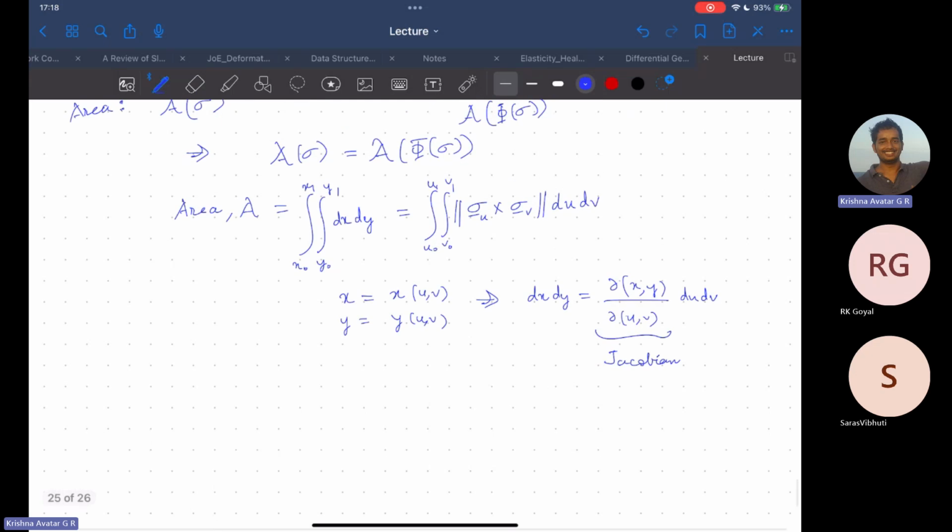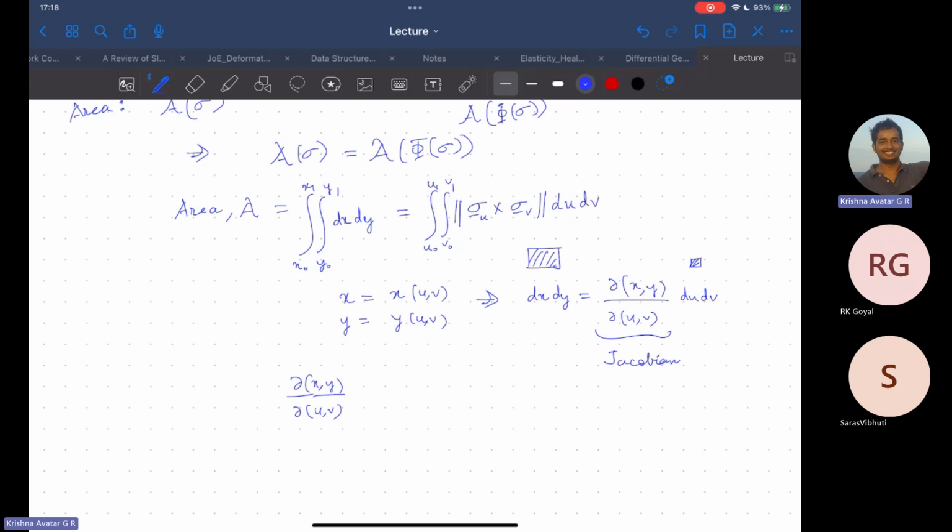Now, ideally, this is just a shorthand way of writing it, but in expanded form this is how it looks. So which means that dx dy is a small patch and du dv is a small patch. Of course, these need not be of the same area.